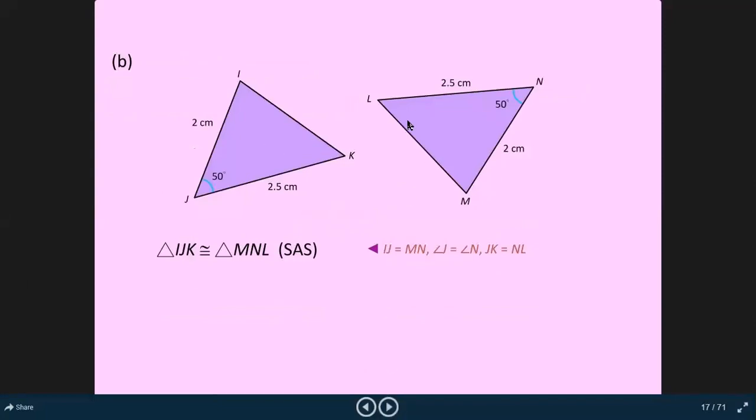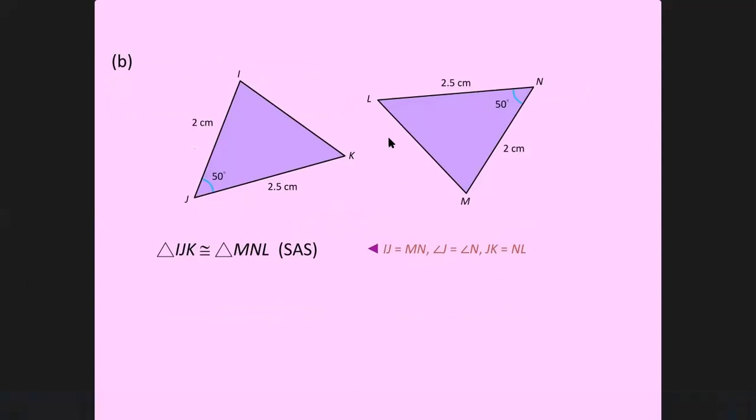Now which postulate? Two triangles in front of you now. Will they be congruent or not?